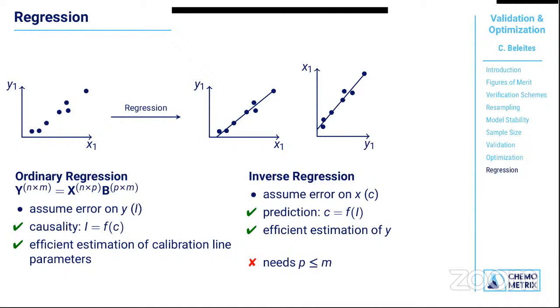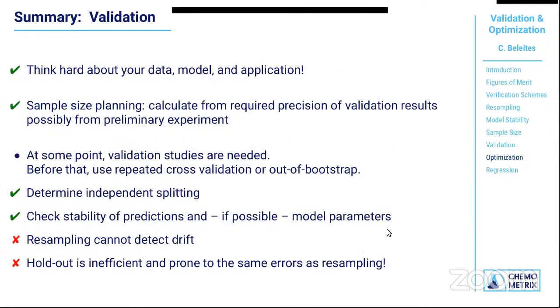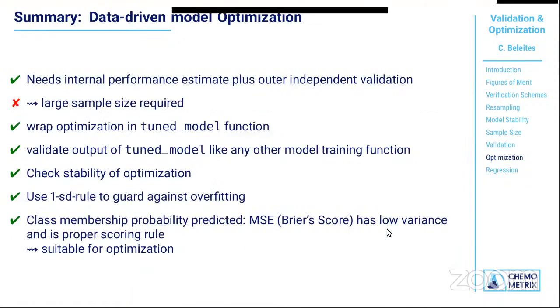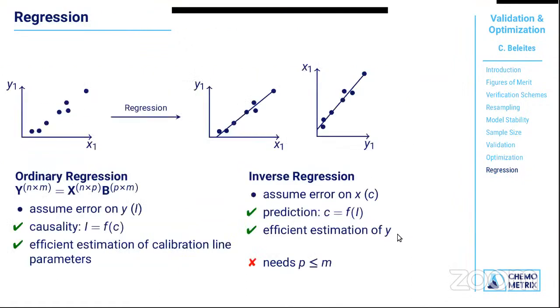No, there are actually considerations that can lead to setting it up this way or the other way. The take-home message is that inverse regression is what we need when we want to predict Y values.